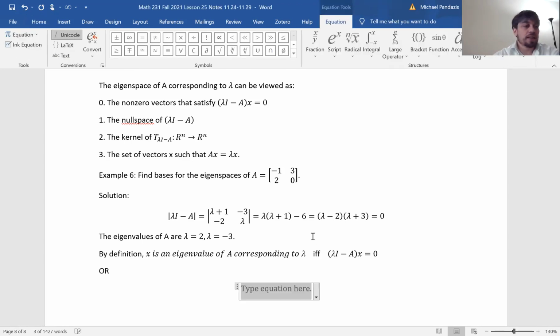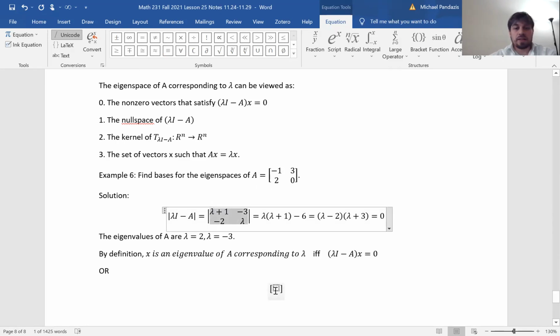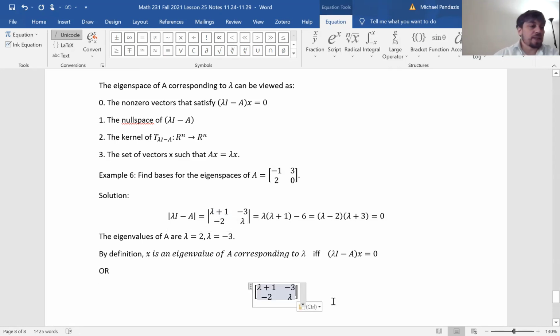Or that last statement, that this matrix times x1, x2 is equal to the 2 by 1 zero matrix. So I'm just rewriting this equation in matrix form.